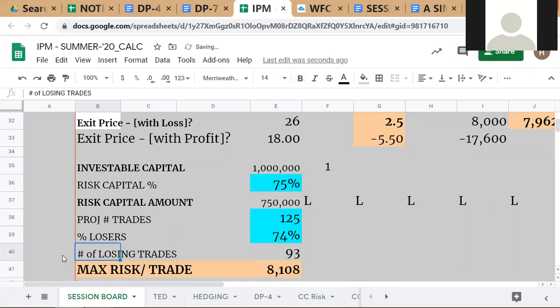Okay, so once you have projected number of trades and percentage losers, this percentage into this number of trades gives you the total number of losing trades projected. Okay, and once you have this figure, so with these 4 items, you can essentially come up with the maximum risk per trade, which is basically your risk capital amount divided by the number of losing trades.